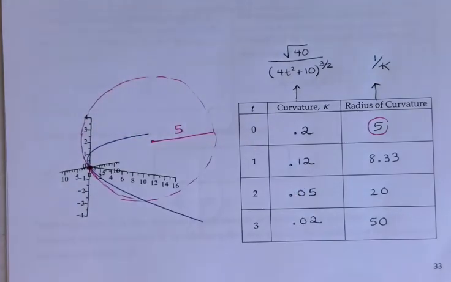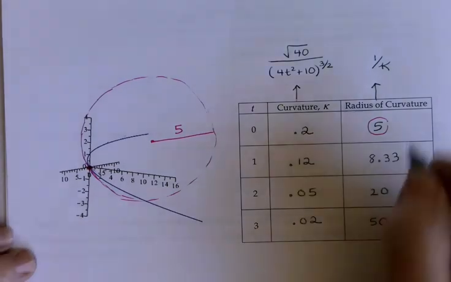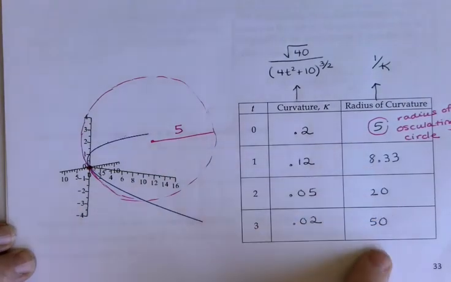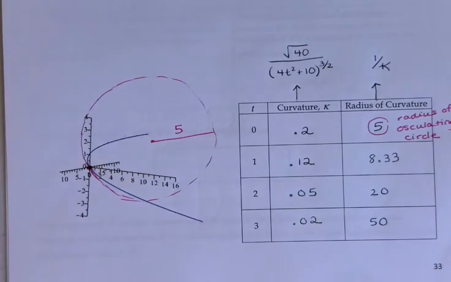That's what the radius of curvature actually tells us: the radius of the tangent, or we sometimes call it the osculating circle. And notice those osculating circles would grow bigger and bigger as we came out further on our graph. All right, so that's curvature. We will come back for one last video in this section on components of acceleration.